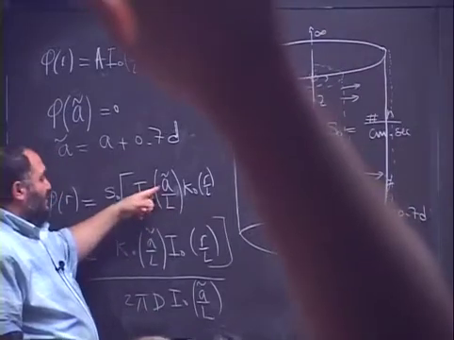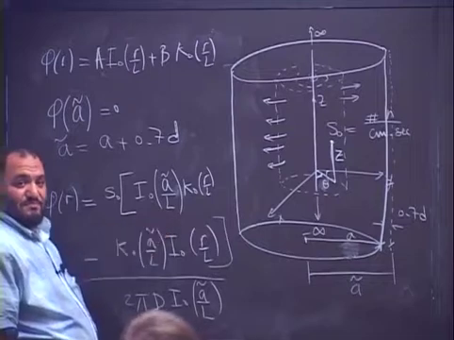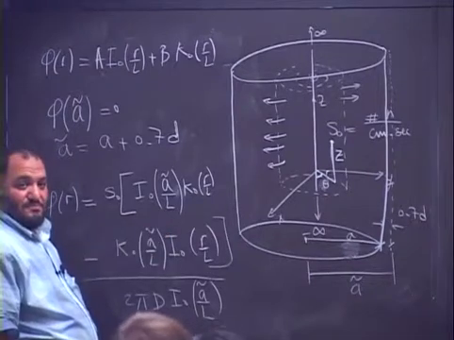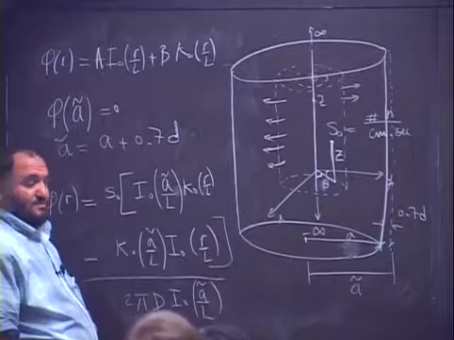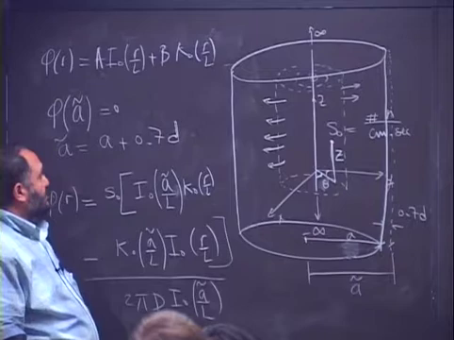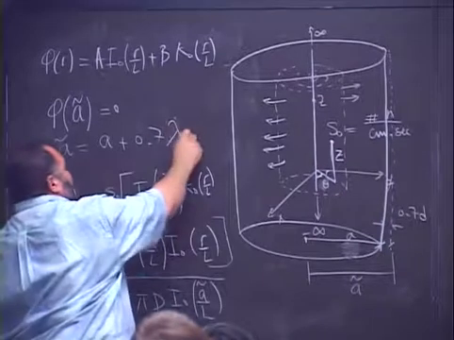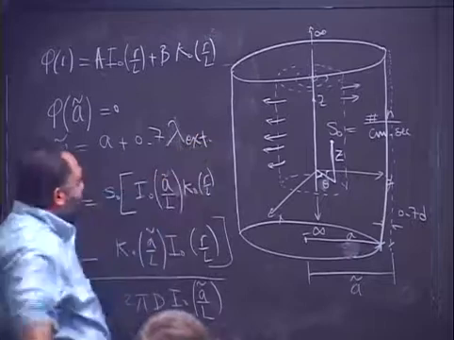Last time you had D equal to 0.7 lambda extrapolated, so A tilde was A plus the extrapolation distance, not A plus 0.7 D. Call it lambda extrapolated. Thank you.